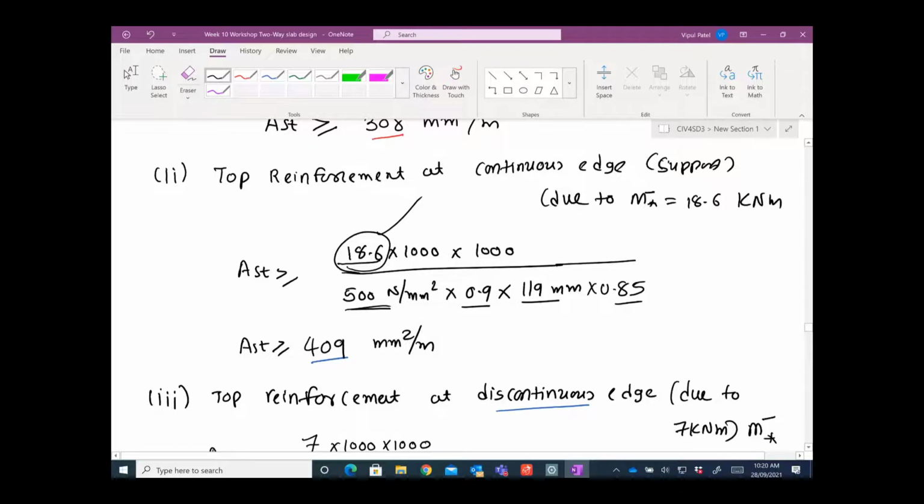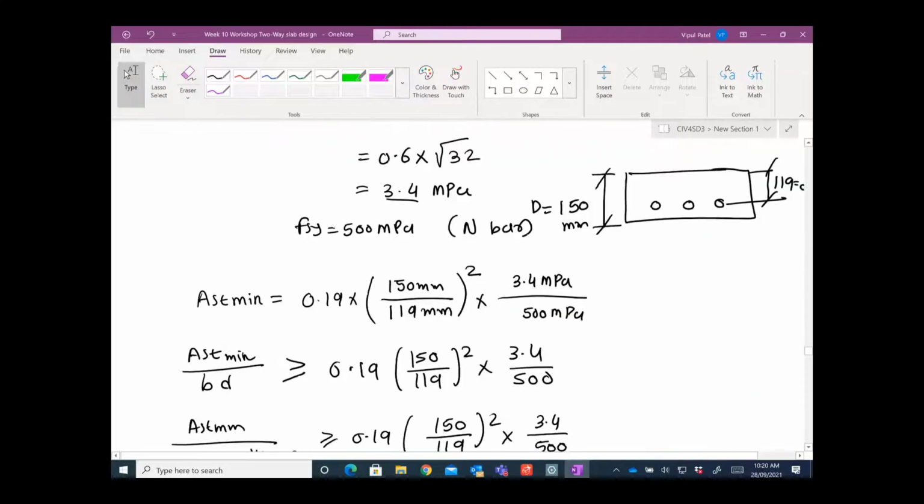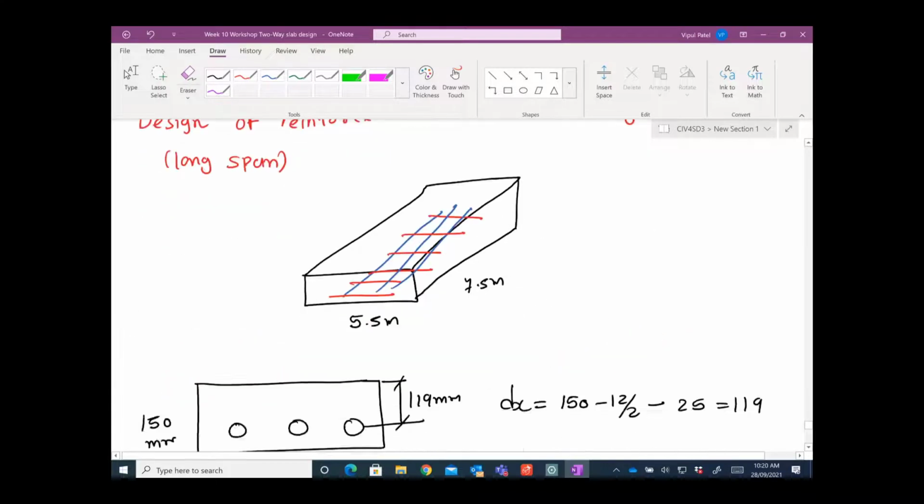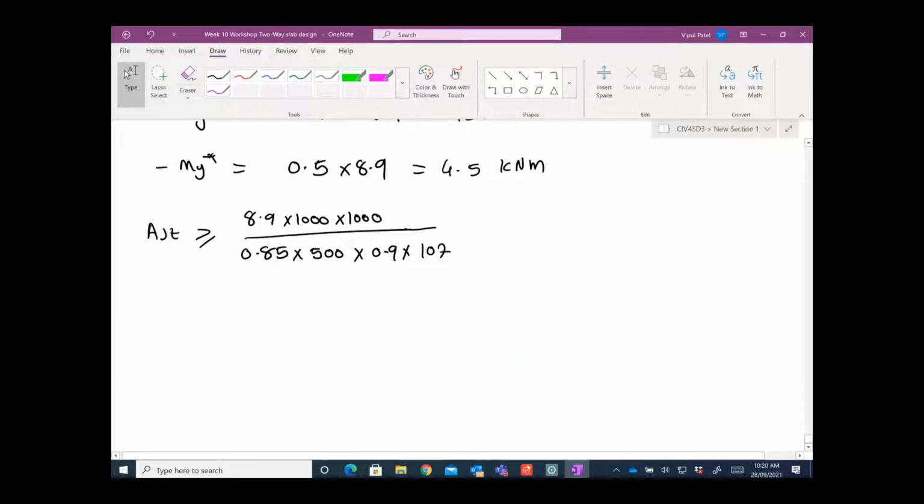I'll just change this one to whatever value we have, right? For the primary directions we were just changing the moment. So in that case, we will get 8.9 times 1000 times 1000 divided by 0.85 times 500 times 0.9 times 107.